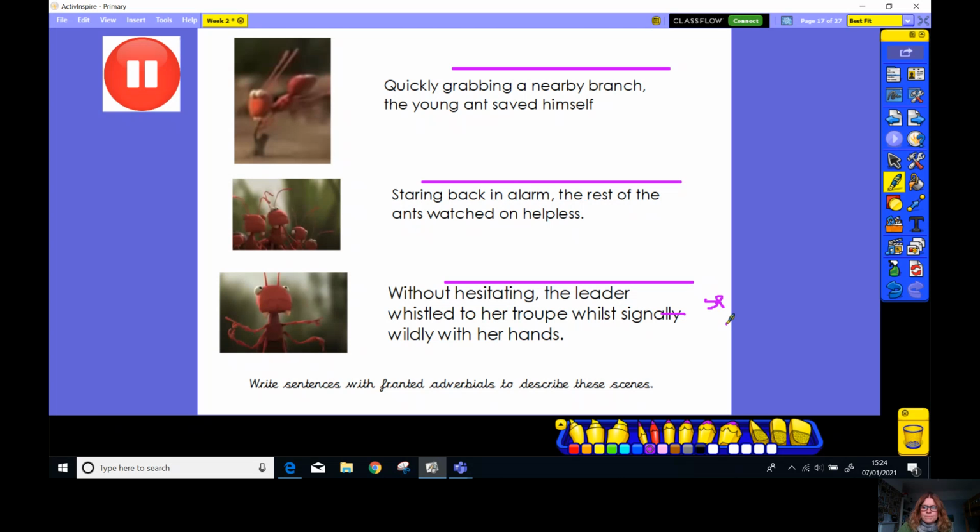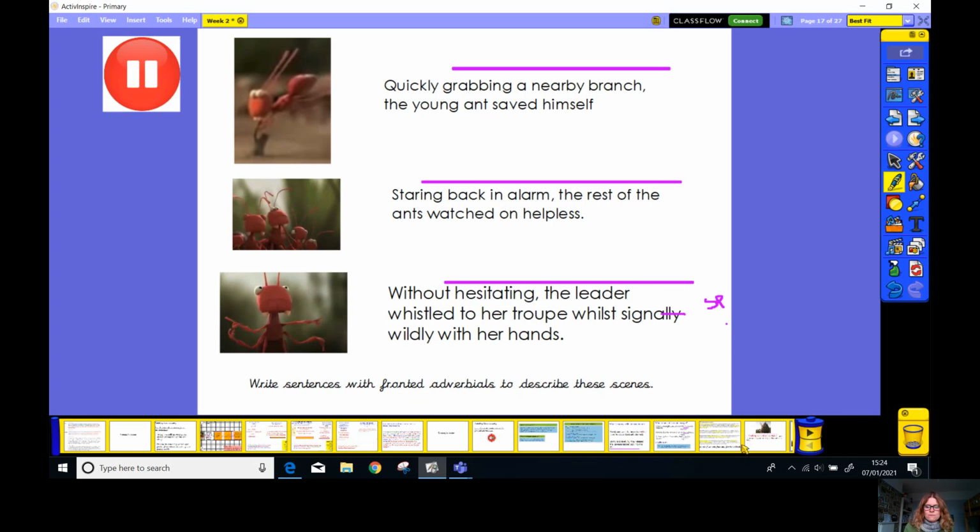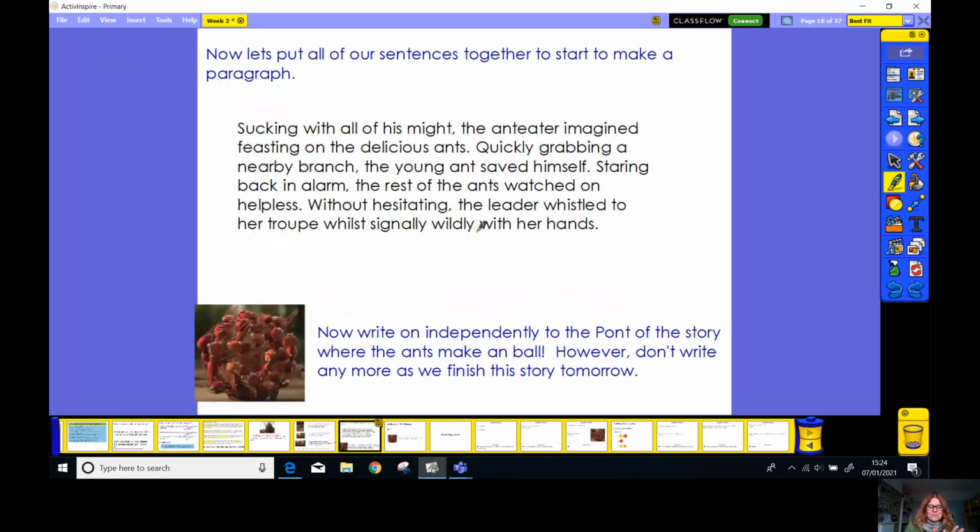Now I'm going to put all 4 of my sentences together to start forming a paragraph. So this is the 4 sentences that we've just done, and I've put them together and made myself a paragraph. Let me read it to you.